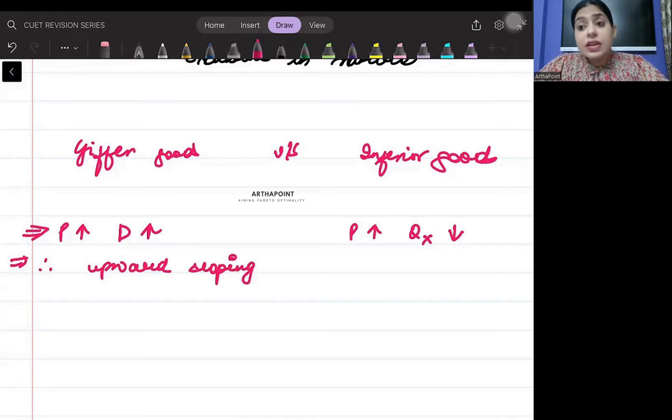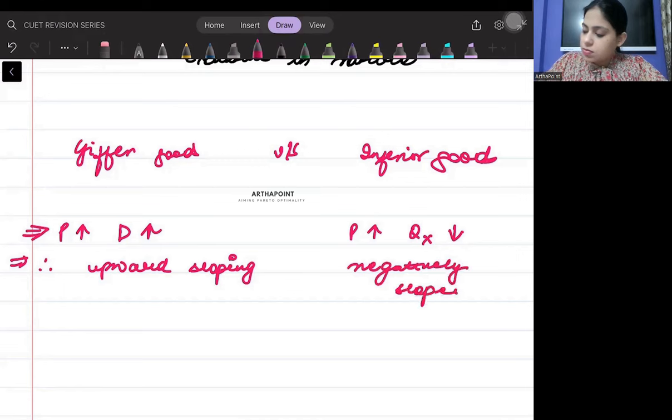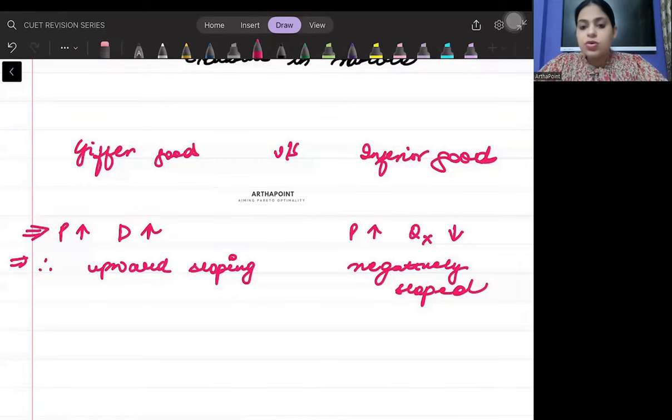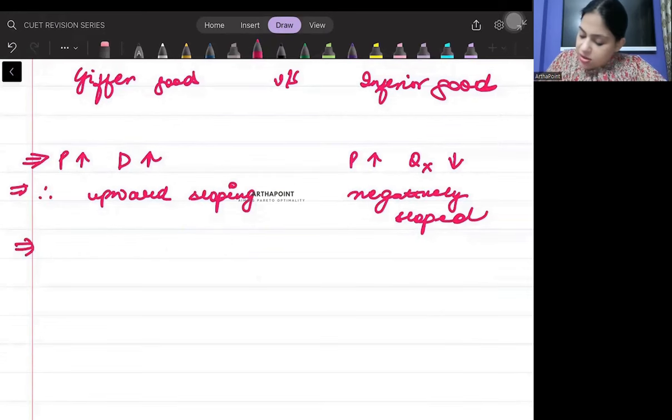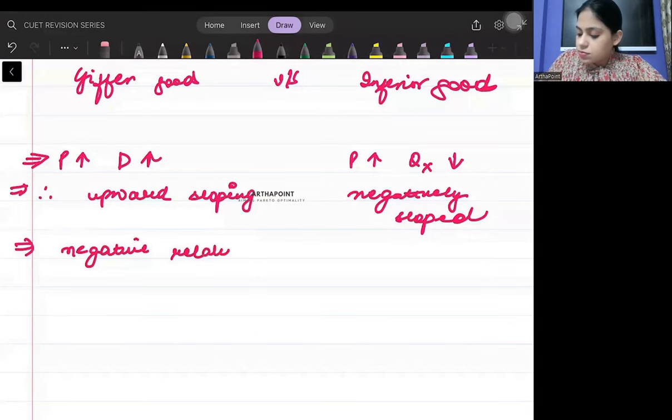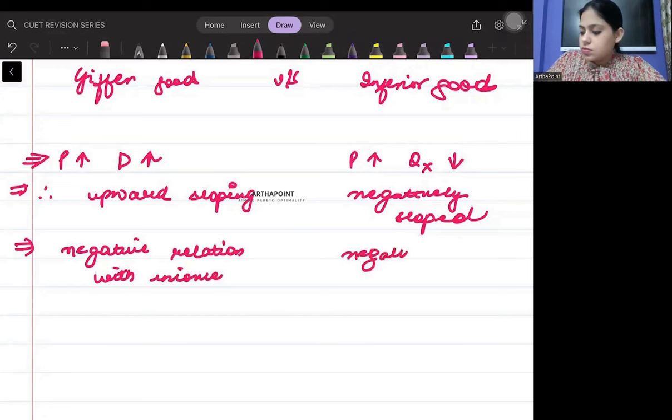But the demand curve of inferior goods is negatively sloped. Now, for Giffen good or for inferior good, you need to understand that both of them have a negative relation with income.